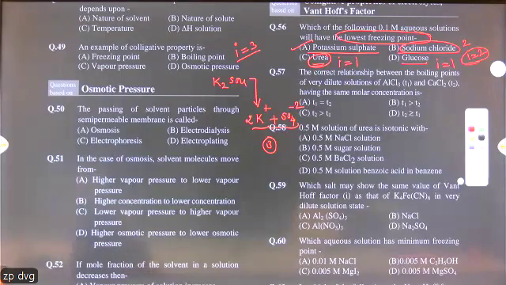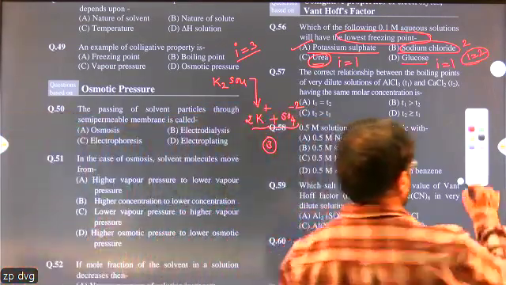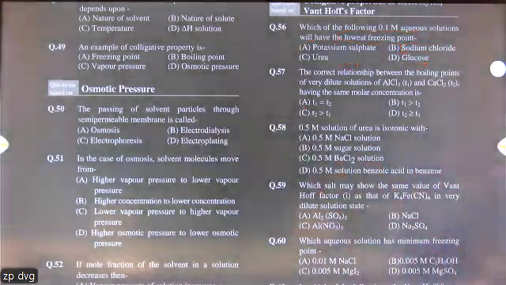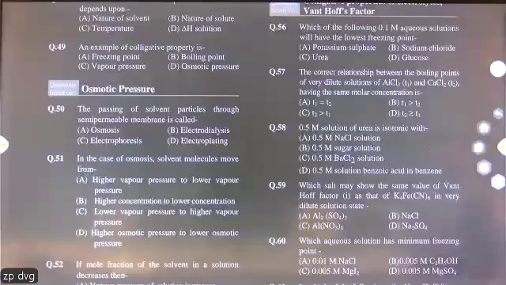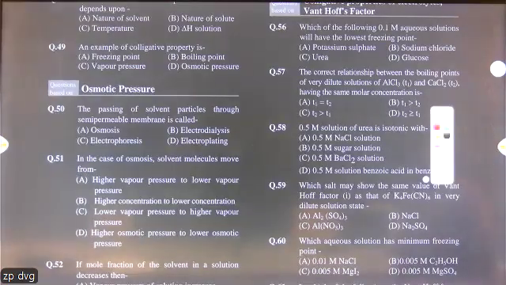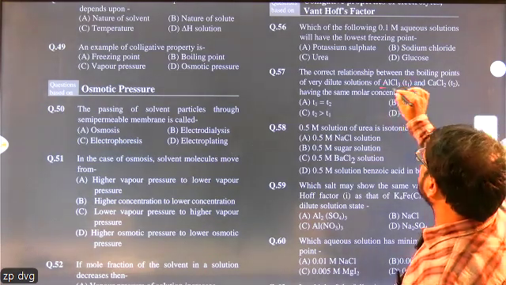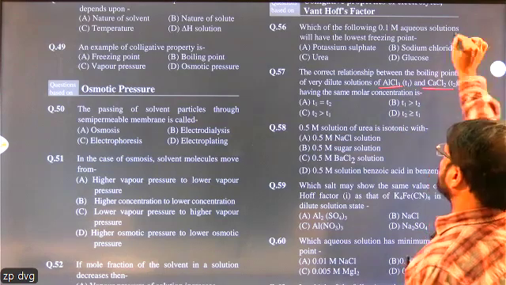Next one, question number 57. The correct relation between the boiling points of very dilute solutions of AlCl3, CaCl2.